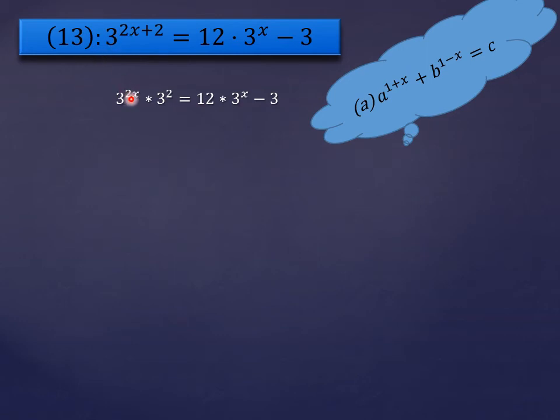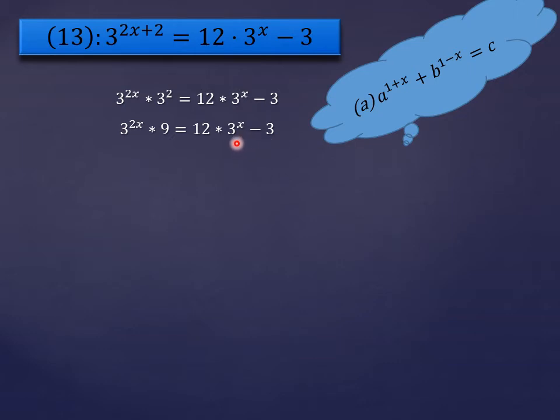3 power 2x multiplying with 3 power 2 equals to 12 multiplied by 3 power x minus 3. Taking the square of 3, it will become 9. 3 power 2x will remain the same, equals to 12 multiplied by 3 power x minus 3.